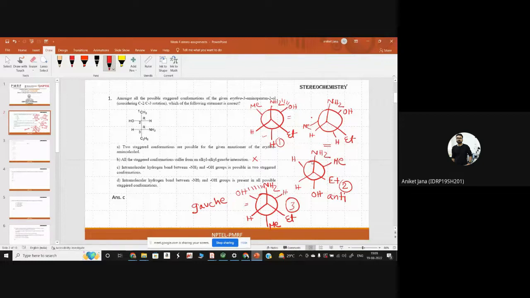But in the anti-conformer, the NH2 and the OH are far apart from each other, so hydrogen bonding is not possible. So in option C, hydrogen bond between NH2 and OH group is possible only in two staggered conformations. This is the right option. Right?